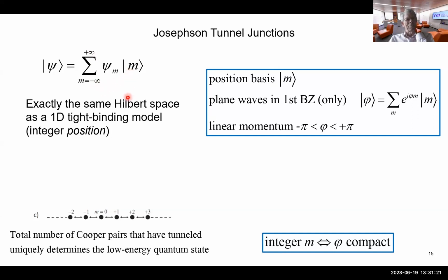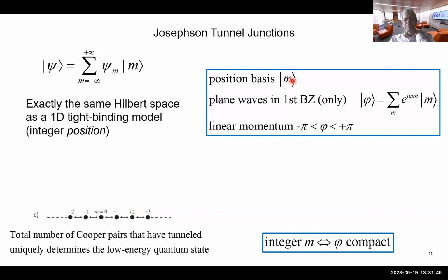So it's the same Hilbert space as a tight binding lattice in condensed matter physics in one dimension, where particles hop from site to site. And the site label just tells you how many Cooper pairs have hopped from one side of the antenna pad to the other side through the junction.